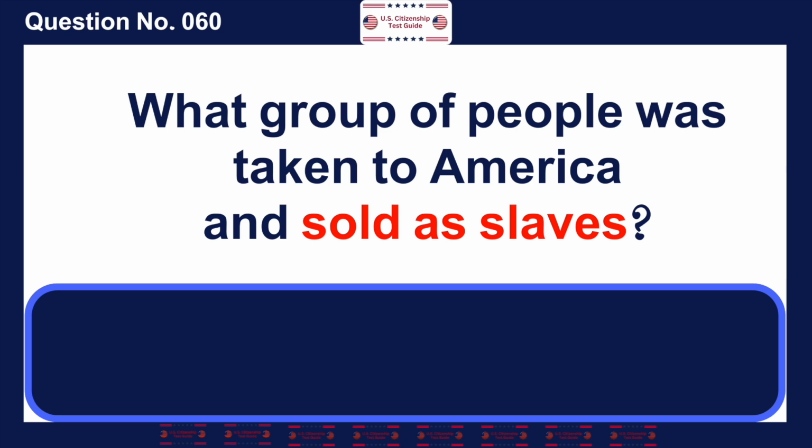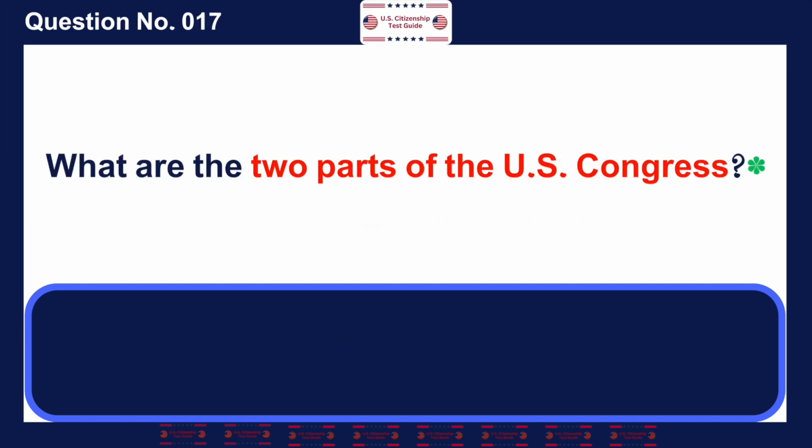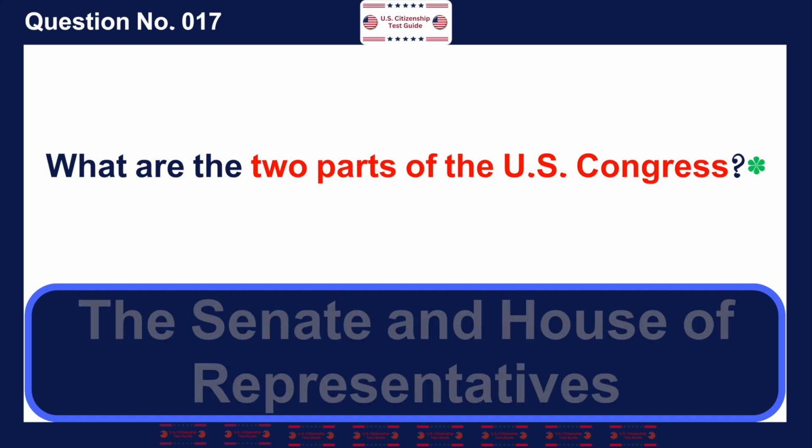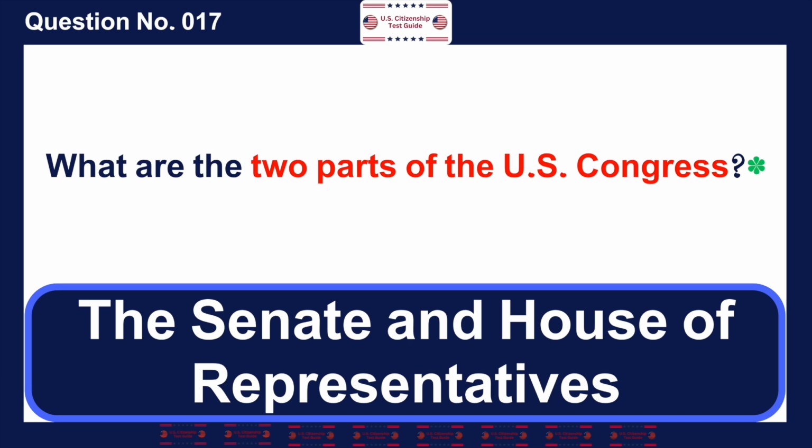What group of people was taken to America and sold as slaves? Africans. What are the 2 parts of the U.S. Congress? The Senate and House of Representatives.